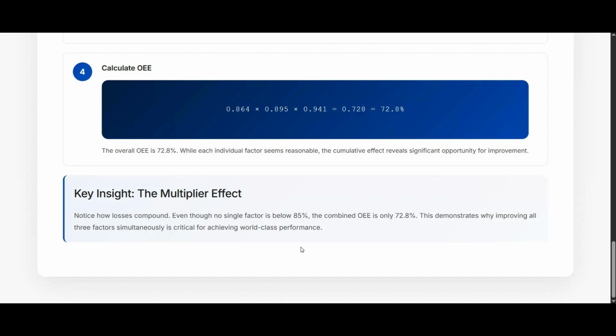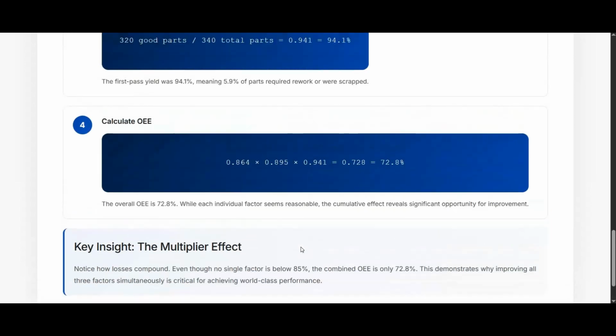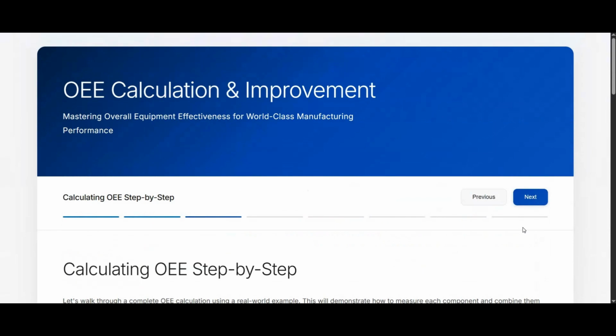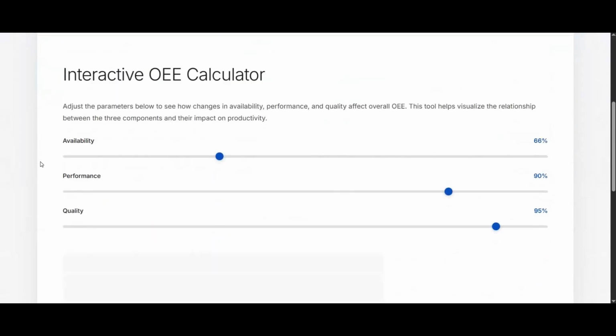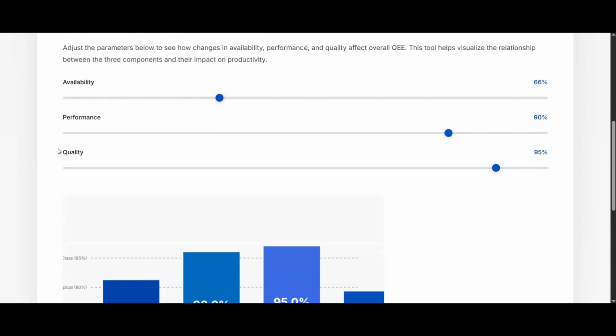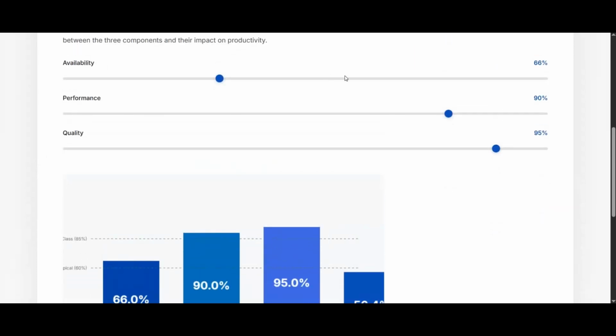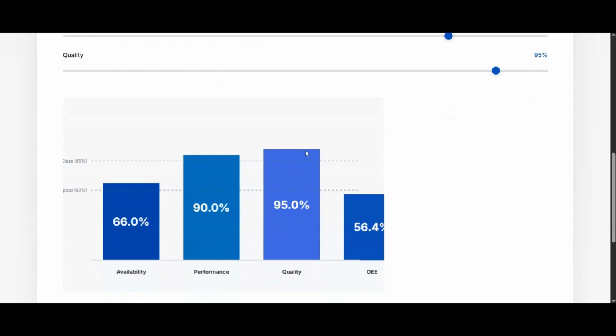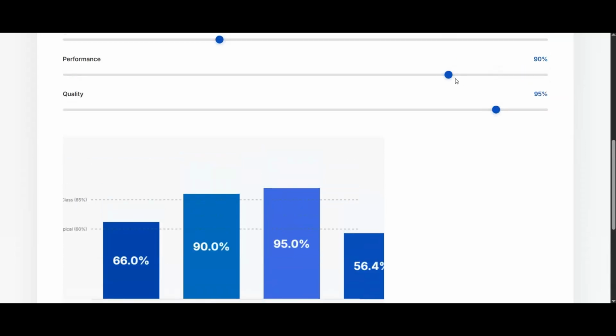Let's continue. Here we have an interactive part. Here are our availability, performance, and quality scores, and here we have a bar chart. Let's change quality, and let's change performance here.